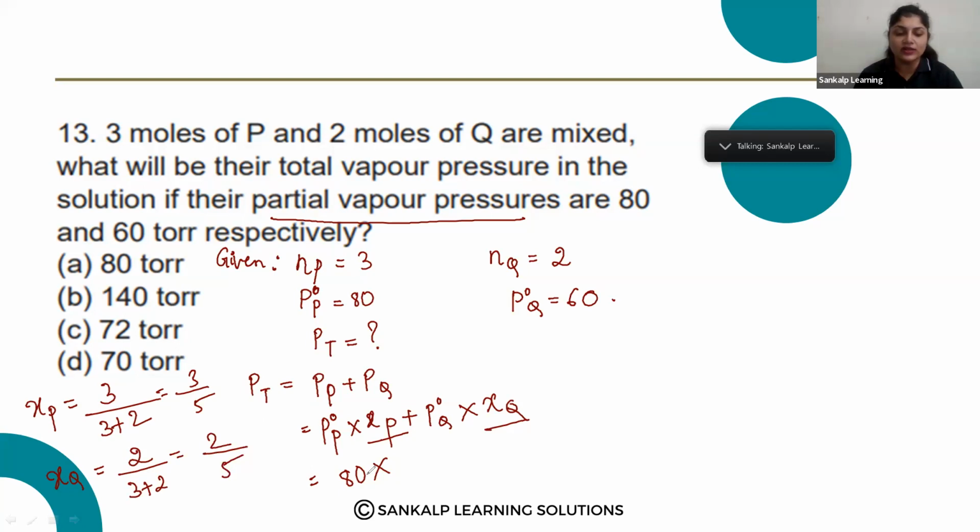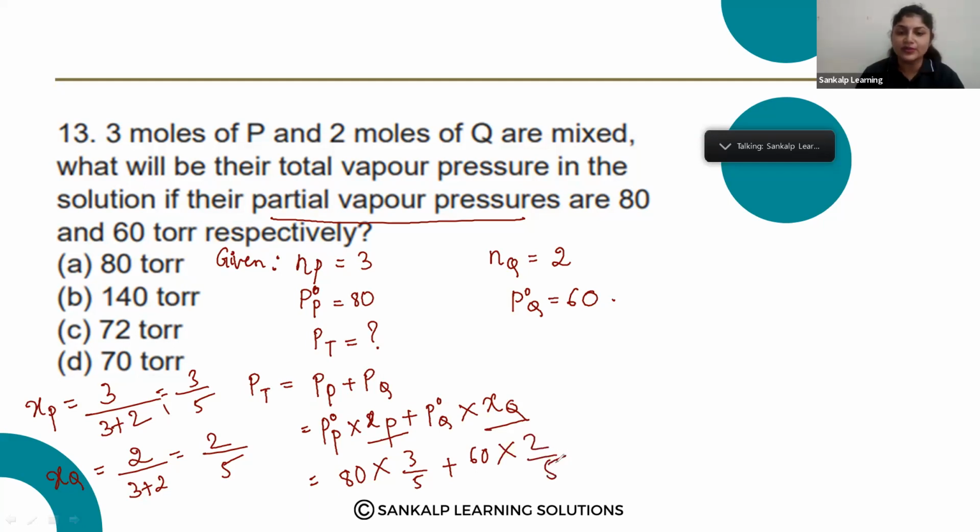Now we'll add these mole fractions here. So further what we'll get? 80 into XP, that is 3 by 5, plus P naught Q, which is 60, into the mole fraction of Q, 2 by 5.